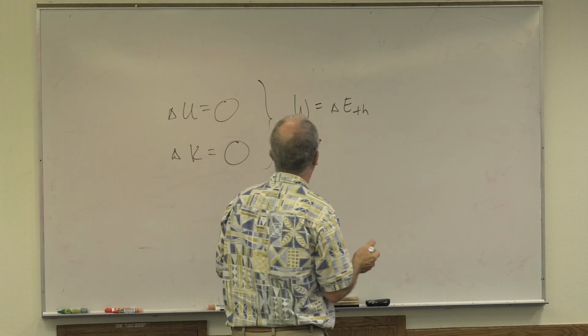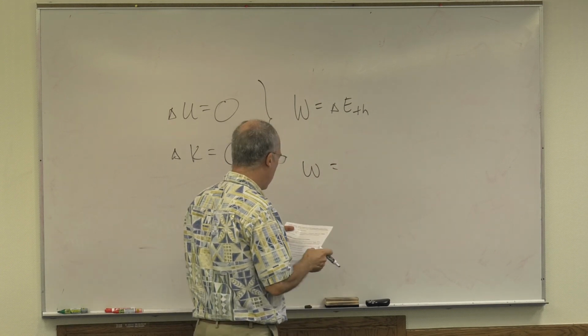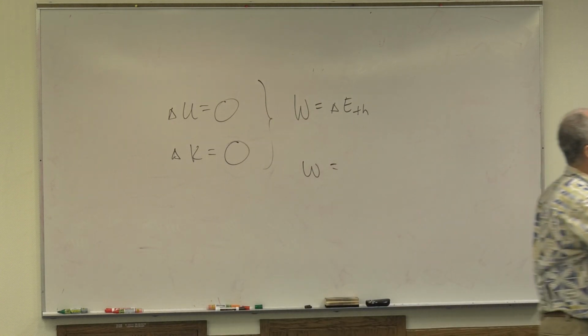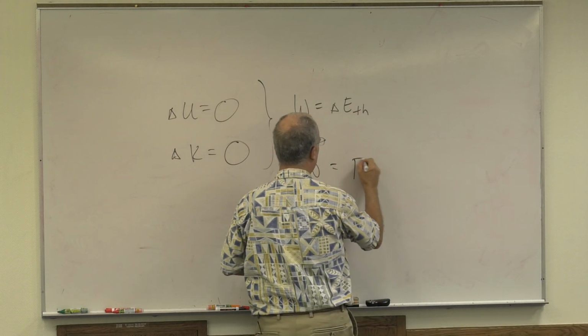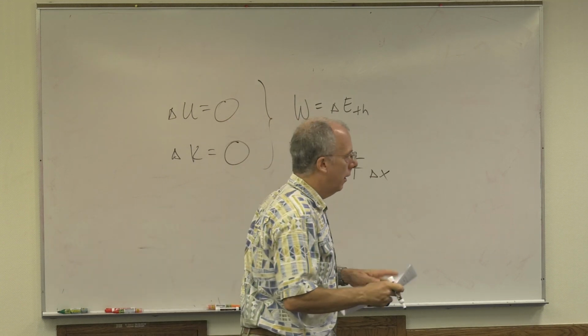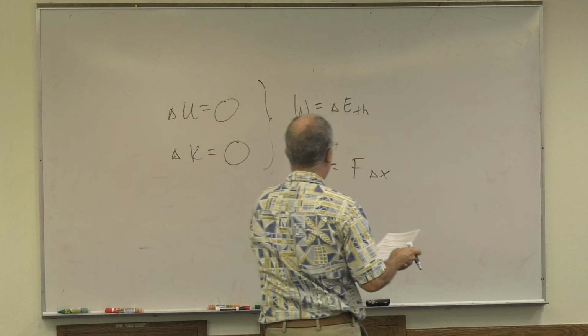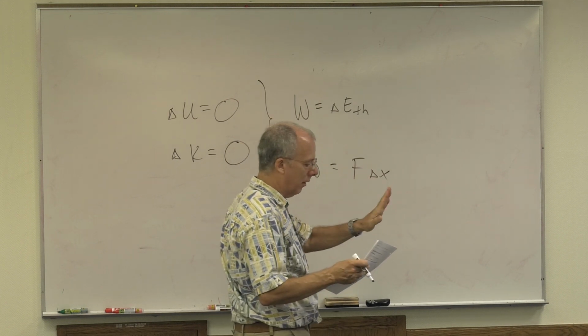So what's the work? It depends on what force you're talking about. If you're talking about this force, the work is just F delta x, F d times the angle. Now, we just want to use magnitudes. We're not worrying about the directions.